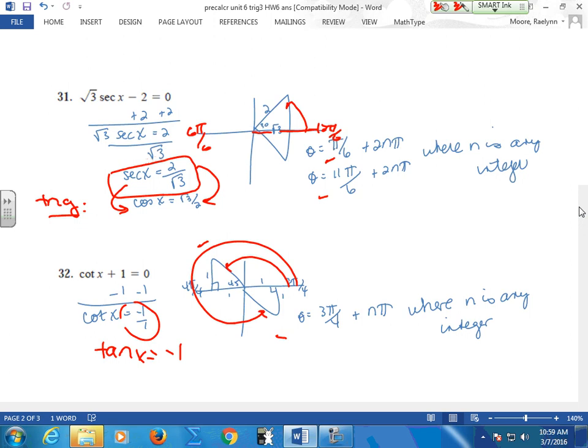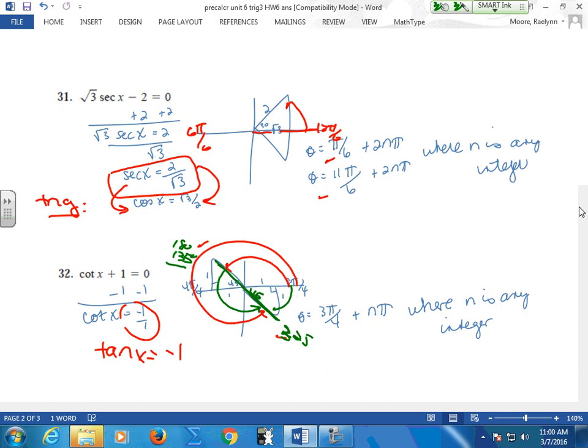Now, here's the problem. We could list both angles, and we could say plus 2n pi. But they're really 180 degrees from each other. If I add 180 to this guy, let's call this 135 in degrees so that you can see it, if I add 180 degrees to this, I will be at 315. Isn't this the same angle?